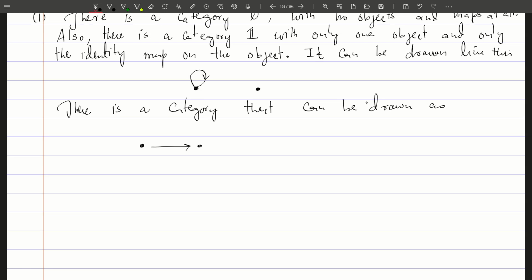We can call this object A and the other B, and we have this map here.